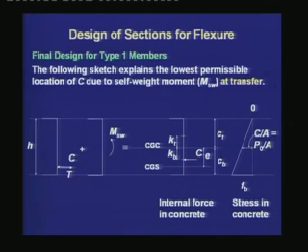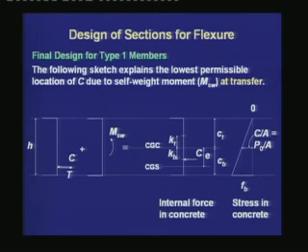Let us understand this calculation with the help of a diagram. At the time of prestressing, the C coincides with T. When the transfer is over and the member has deflected upwards, then the self-weight starts to act.